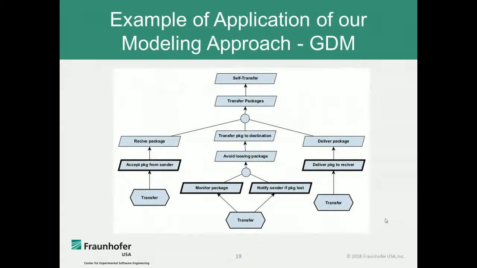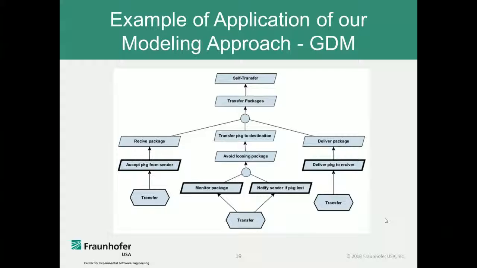The next slide. Okay. This is the goal model, where we take one high-level goal or high-level requirement, such as the transfer, and we start breaking it down into supporting sub-goals. Here we have two types of sub-goals. There's the OR relationship, where a parent goal can be achieved by one or another sub-goal.